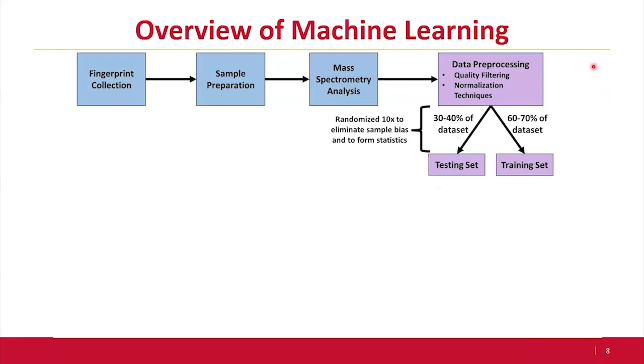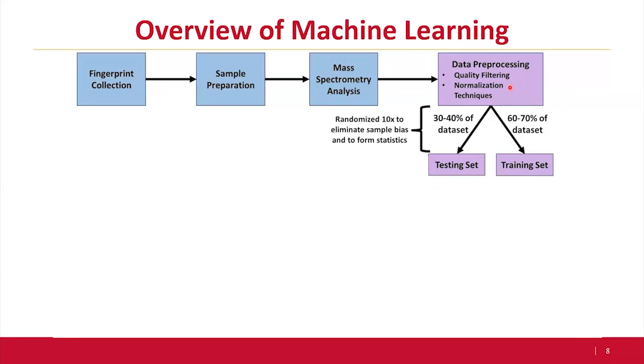Now, just to go over an overview of what all of our steps are in machine learning, these first three boxes in blue are going to be our chemical analysis. So this is what you'd expect from a multi-sample prep. And then in purple here is where we start getting some user input. So we start with the data processing step, where we do any quality filtering that we need to do on the data in case there's contamination within the fingerprints.